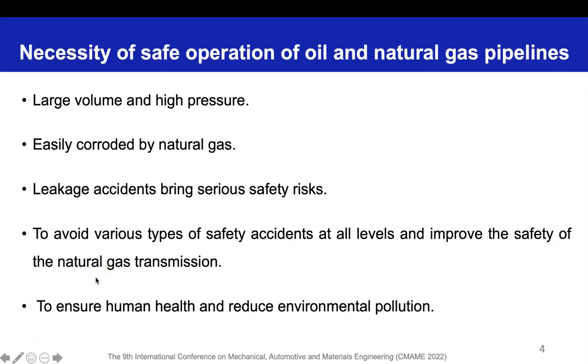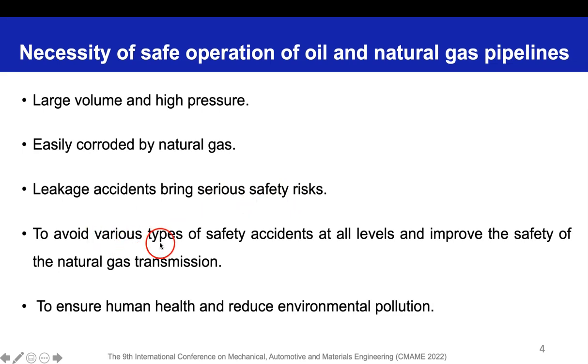Now, when it comes to the safety of these gas pipelines, including oil pipelines, we have some challenges. The first challenge is that these pipelines are of very large volume, and they work at very high pressure. They are very easily corroded by the natural gas. There could be leakage accidents which can bring very serious safety risks.